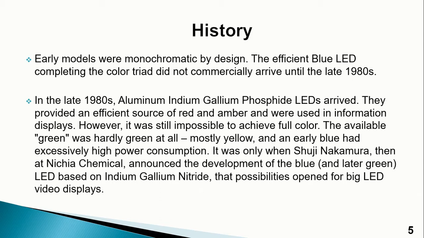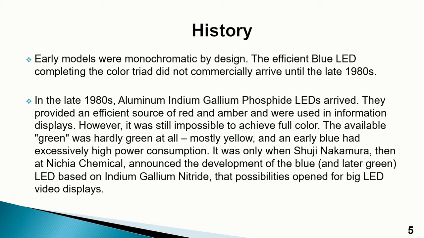In the late 1980s, aluminum indium gallium phosphide LEDs arrived. They provided an efficient source of light, red and amber, and were used in information displays. However, it was still impossible to achieve full color. The available green was hardly green at all, mostly yellow, and early blue had excessively high power consumption.